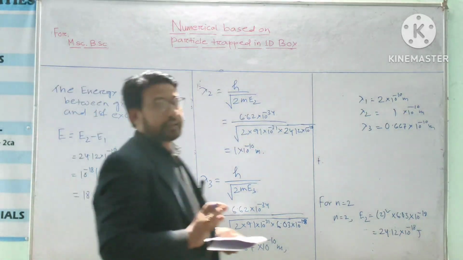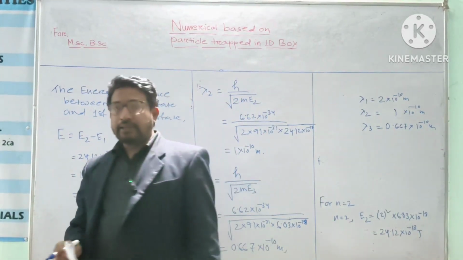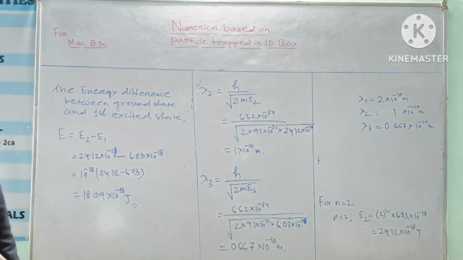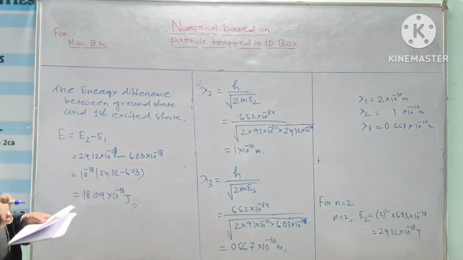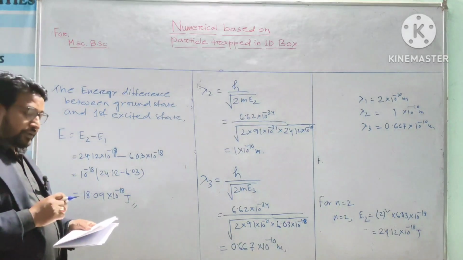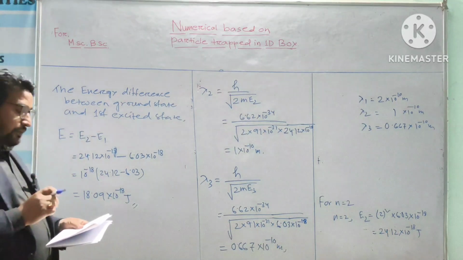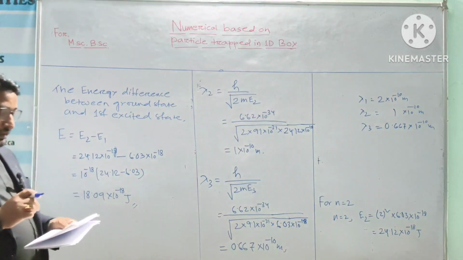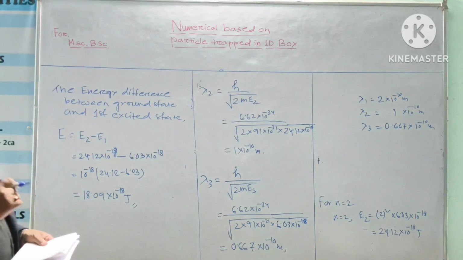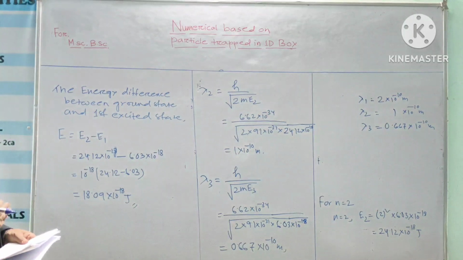For your better understanding, I am going to repeat this once again. The statement of this question: an electron is constrained to move in a one-dimensional potential box of length 0.1 nanometer. Find the first three energy eigenvalues and the corresponding de Broglie wavelengths. Calculate the energy difference between the ground state and first excited state. According to the question, we can collect the data.